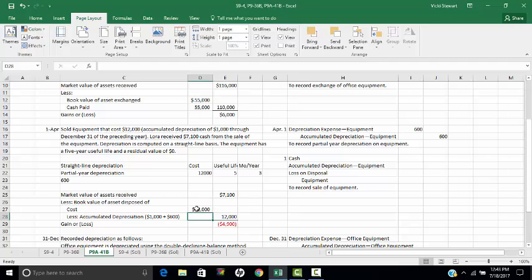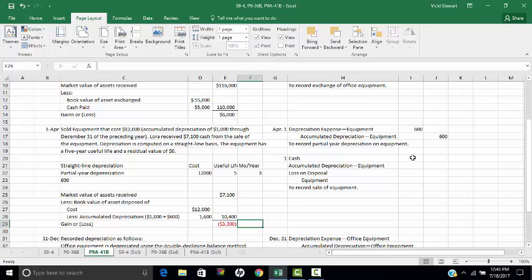So we have a total of $1,600 in accumulated depreciation now for this piece of equipment that we sold. So now we can see that we actually had a book value of the old equipment of $10,400. We only received $7,100 cash. So that means we actually experienced a loss on the sale of this equipment of $3,300.